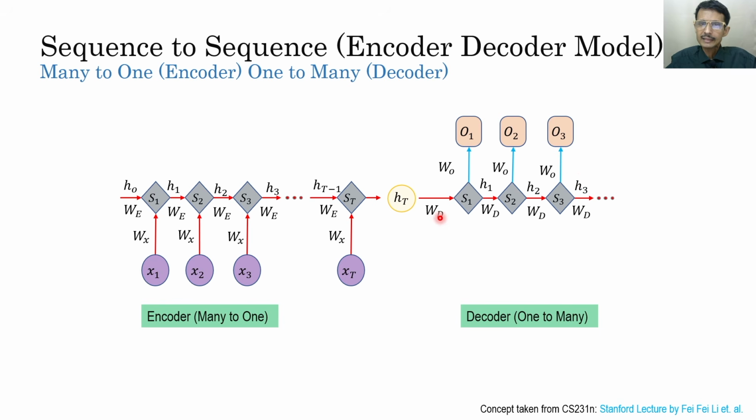So here this HT is coming with WD, basically the weight, because this is W encoder, W decoder, and W is basically for the outputs 1, 2, 3. So essentially this is the encoder decoder structure, the sequence to sequence model.